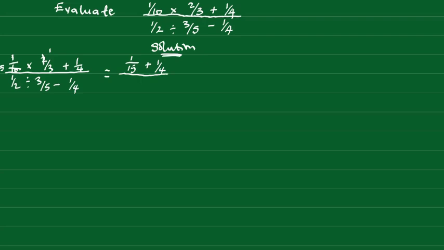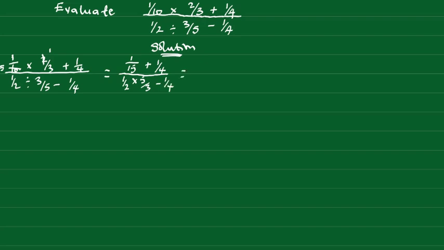While at our denominator, we have 1/2 divided by 3/5. We convert our division to multiplication: we have times 5 goes up and 3 comes down, minus 1/4.